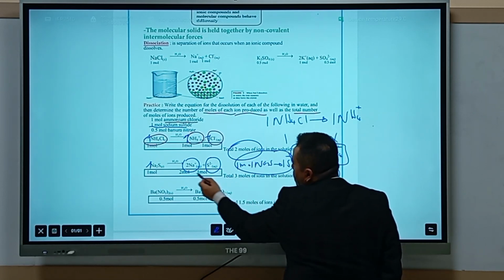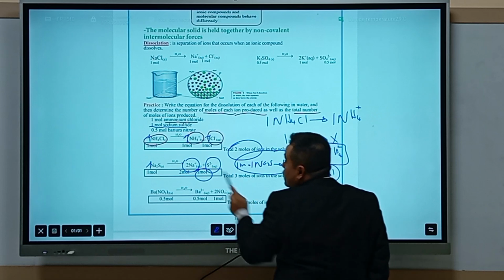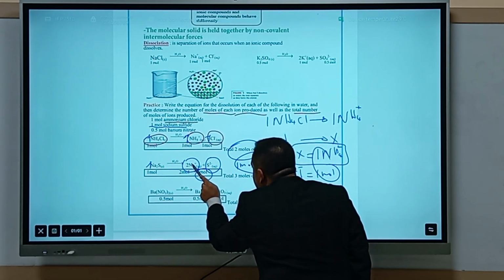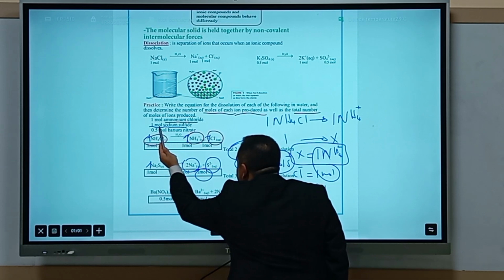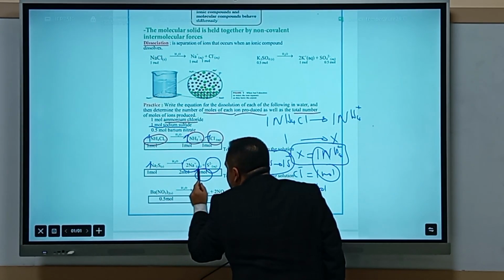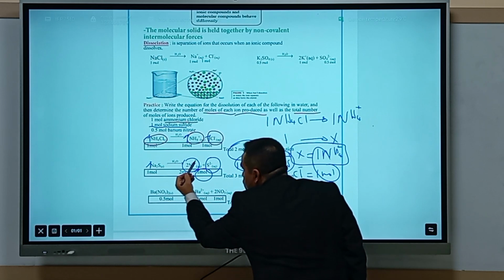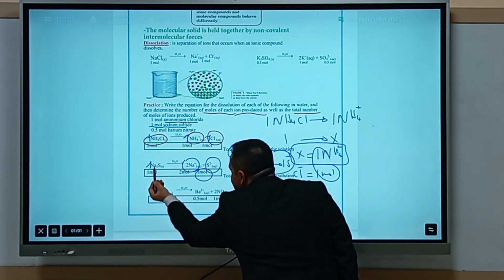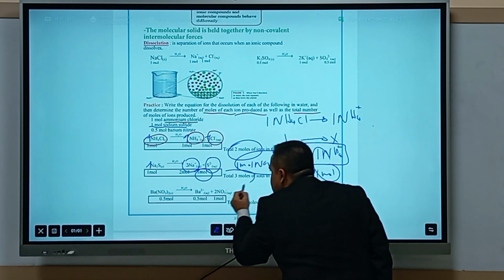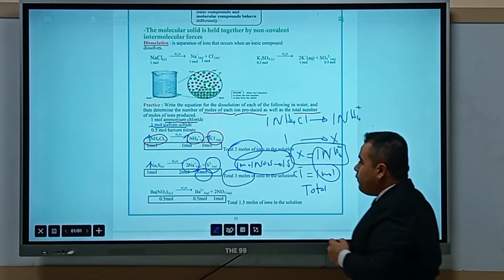So the anion is 1 mole. But 1 mole of this produces how many moles of Na? 2. Of course, it will produce 2. So the Na is twice the Na2S. 2 plus 1, the total of 3 moles of ions will be formed.